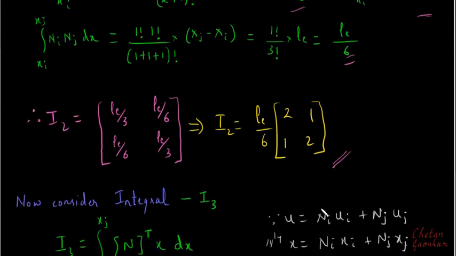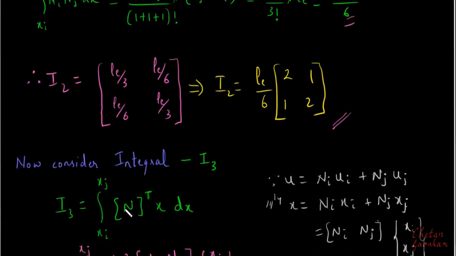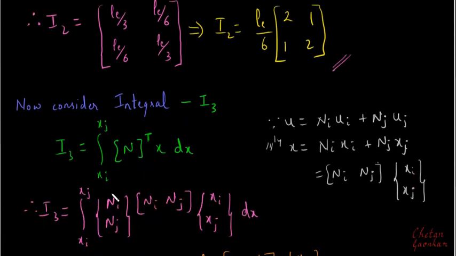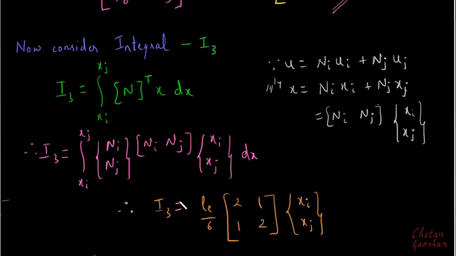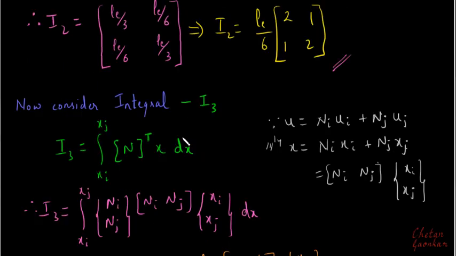Fine. And then finally I have the third integral I3, and this I3 will be nothing but N transpose x. N transpose is the column vector Ni, Nj, and x is nothing but this which we had seen last time. Again, this is the same integral which we had evaluated in the last video. So finally here again I will get exactly the same terms as this.